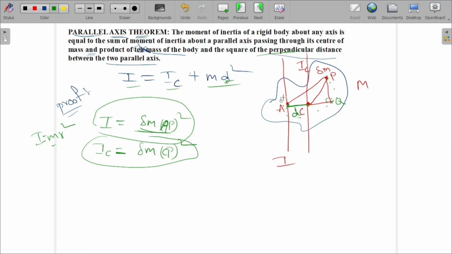Like this there are many particles, so each will be added. So this is written as I equals summation delta m AP square, and I_C equals summation delta m CP square. If you are getting confused, you can take this as O, then it will be OP square. Now clear?